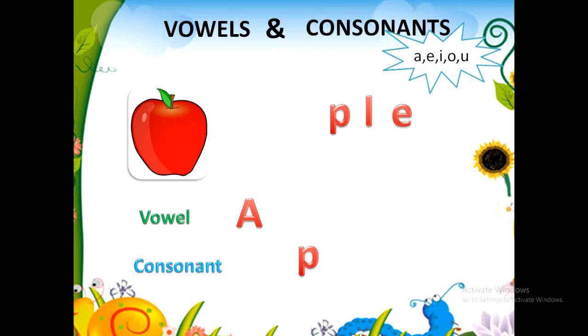Third letter is also P. So this P is also consonant. Next letter is L. Tell me, L is a vowel or consonant? Yes, L is a consonant. Last letter is E. Children, now think and answer. Yes, E is a vowel.